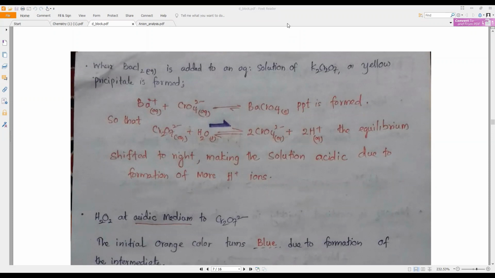What I am asking here, if you add a little bit of dichromate that is given in this equilibrium to water, you will automatically see chromate ions forming, the yellow color solution. I am asking, why is it formed like this? Can you explain that? Because in the solution, there is dichromate and chromate. So red and yellow, it should form an orange solution. But typically you observe chromate. What would you think about that?